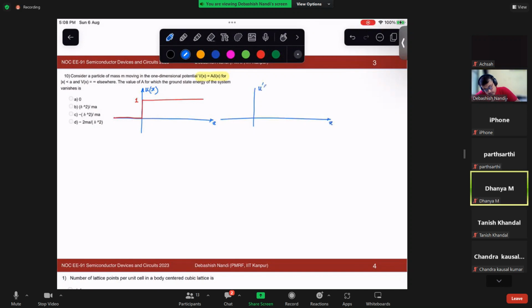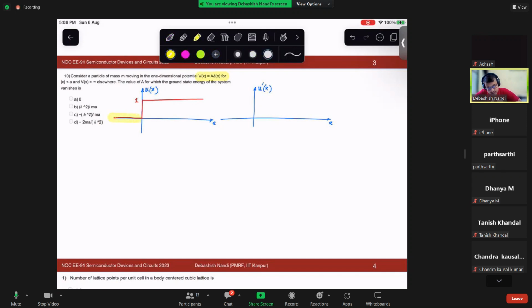Just tell me what happens if I take the derivative of it. Impulse. Yeah, but how does it happen? In this region, the value is constant, so the derivative will be 0. In this part also, the value is constant, so the derivative should be 0. What about at x equal to 0?